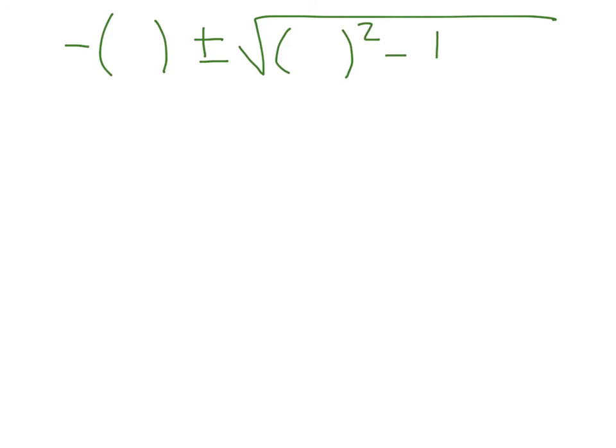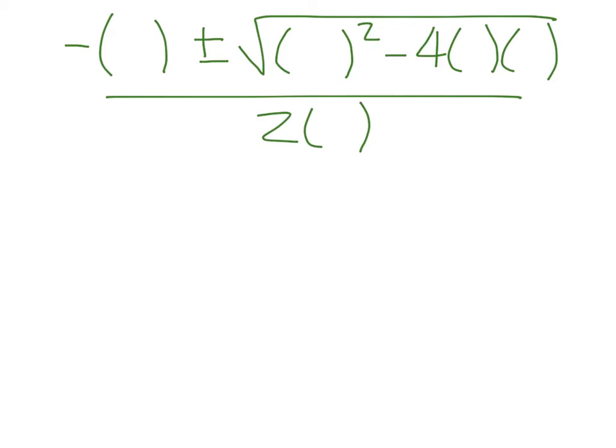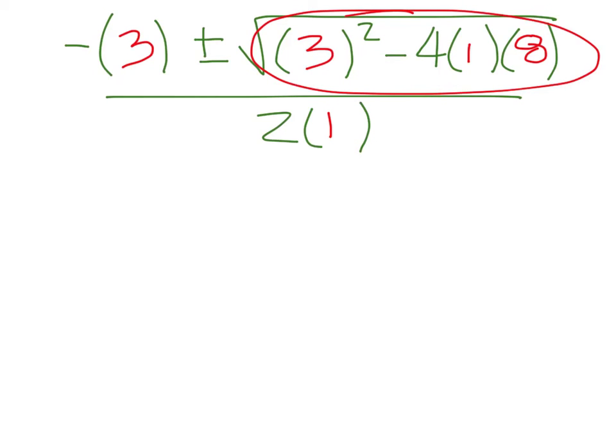So on this side, we'll have -b plus or minus the square root of b squared minus 4ac, all of that over 2a. And let's insert our values. We have 1 for a and 3 for b, and then 8 for c. Don't forget, we've already done this part. It was a -23.